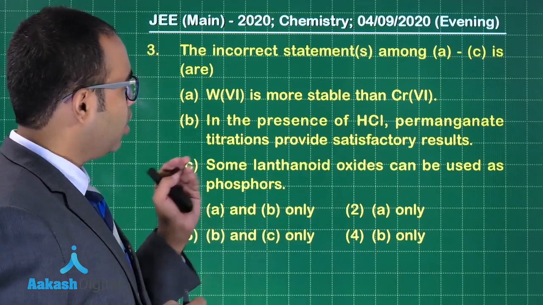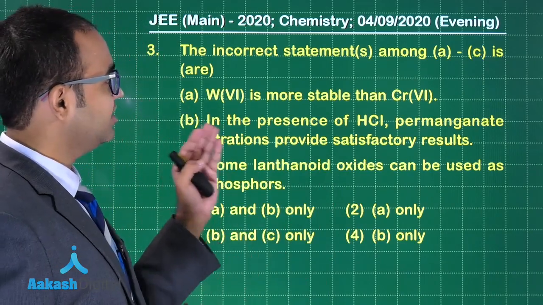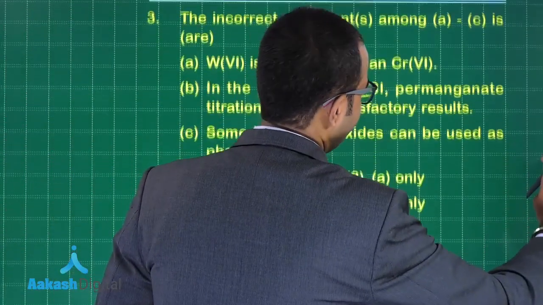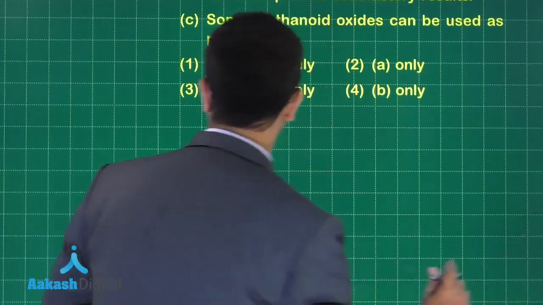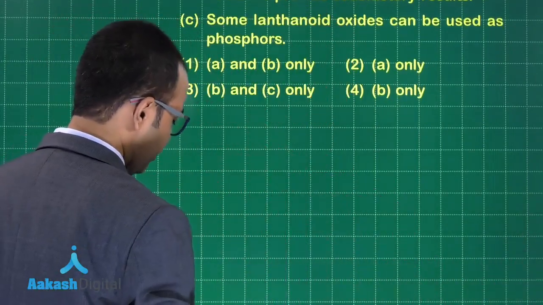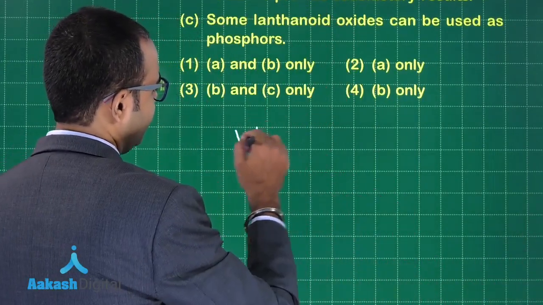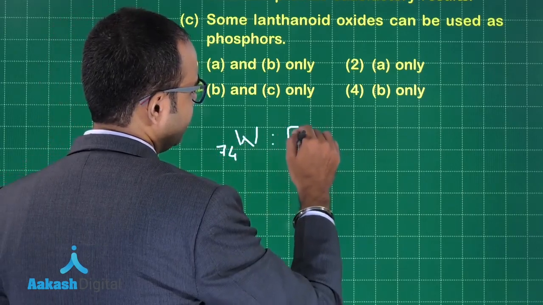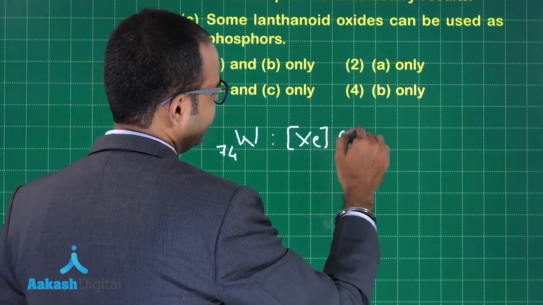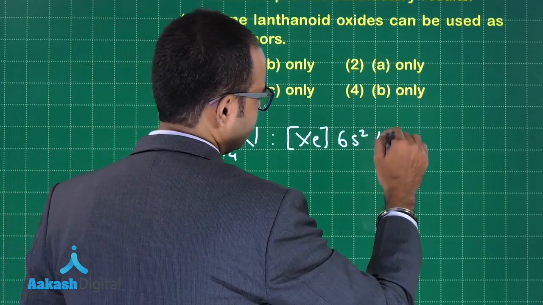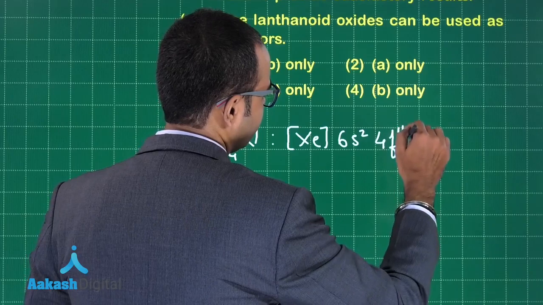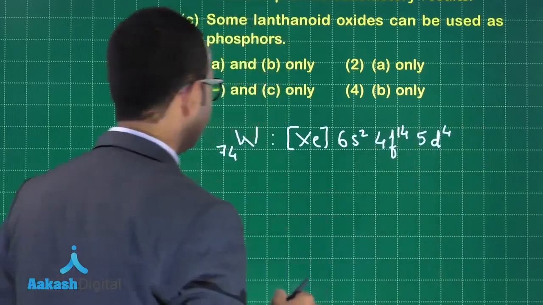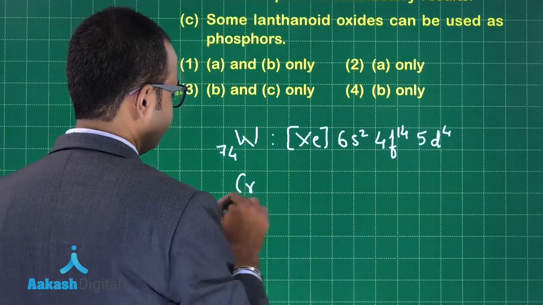What is written over here is tungsten +6 is more stable than Cr +6. The atomic number of tungsten is 74, so the electronic configuration is [Xe] 4f14 5d4 6s2.